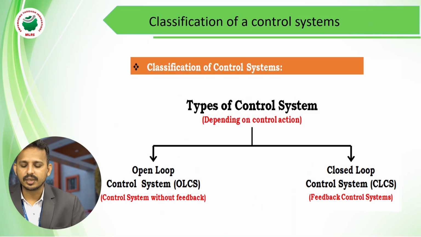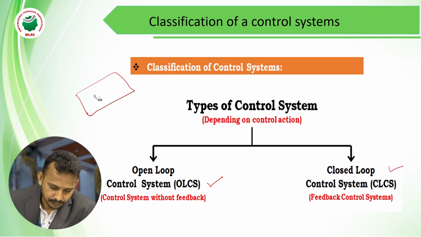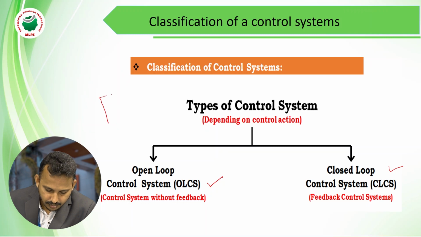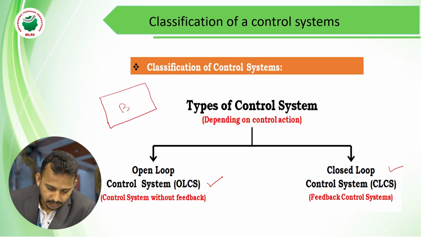Now, the classification of control systems. The classification of control systems depends on the control action. One is the open loop control system and another one is the closed loop control system. For example, let me consider a black box. I am applying a certain input to it and I will get some output.